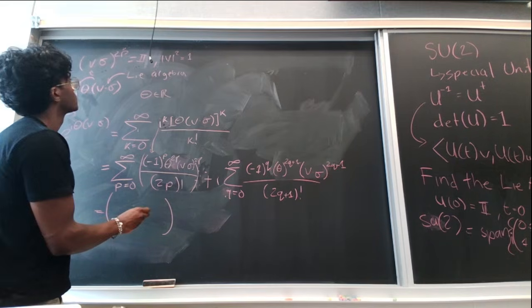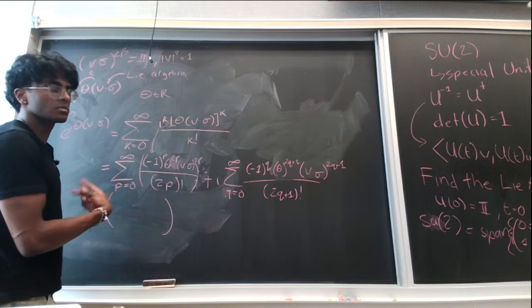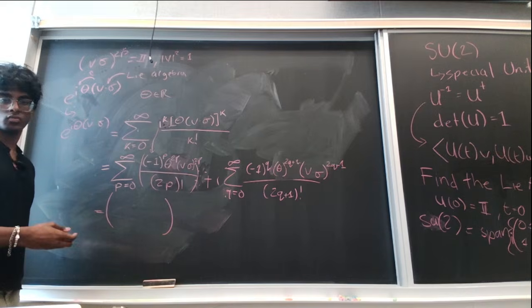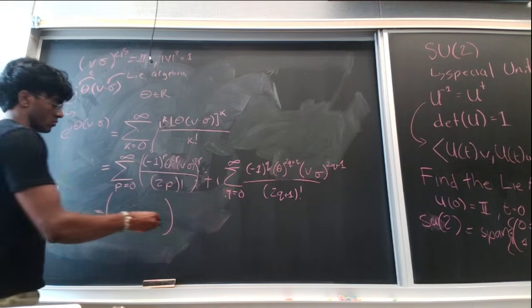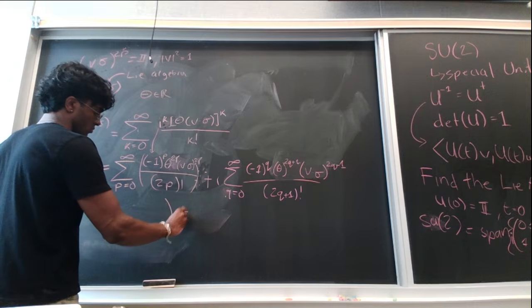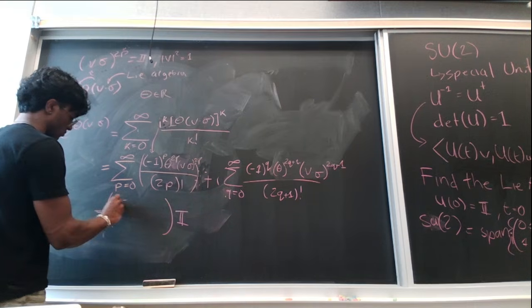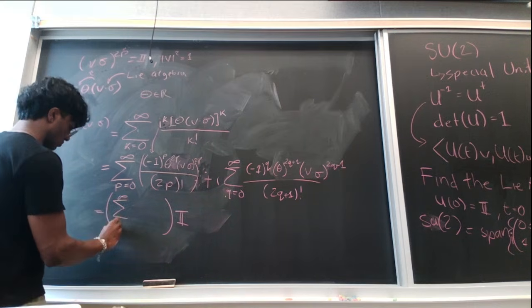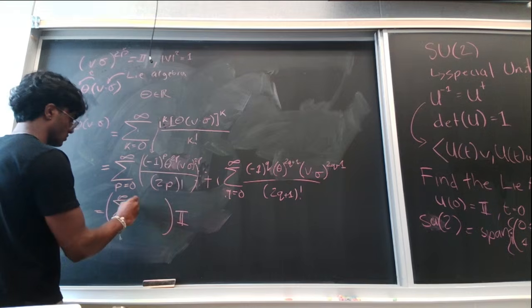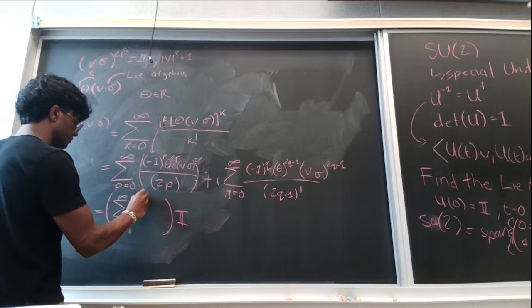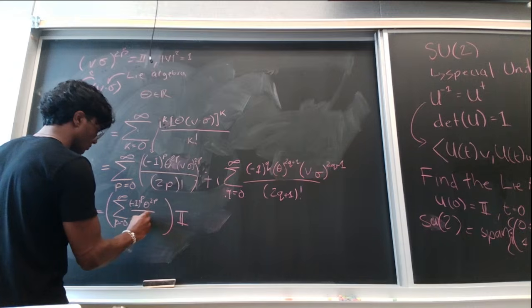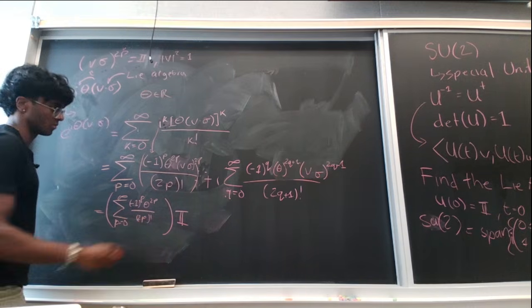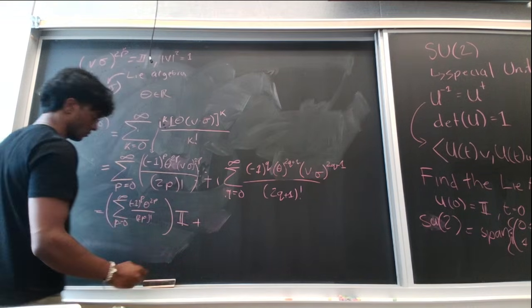Yes, but we chose v to have norm 1. So you are just left with minus 1 to the p. Just write out what we're left with. Yes, people see how we got that.